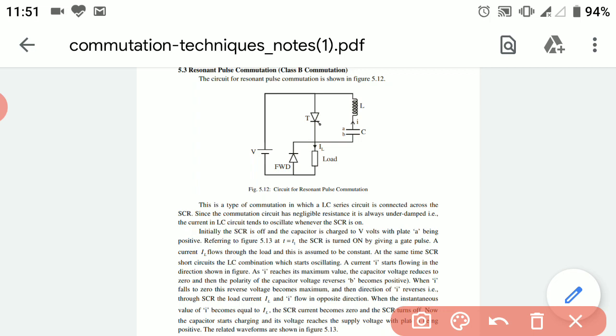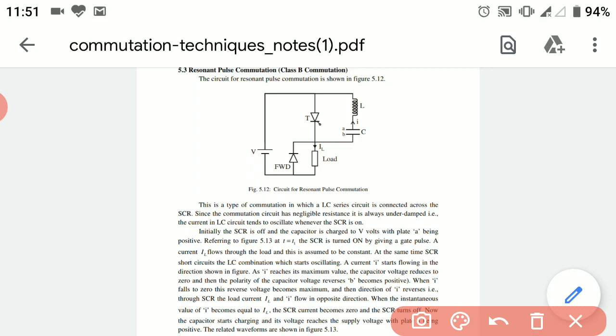So the current IL starts flowing through the SCR and through the load also. This IL flows through the load and it is assumed to be a constant current flowing through the SCR.